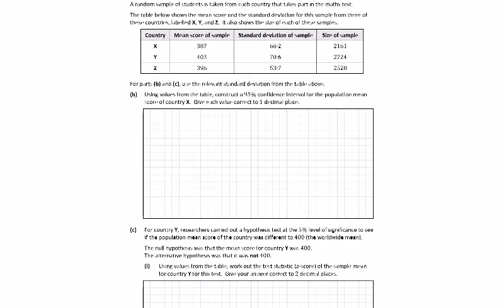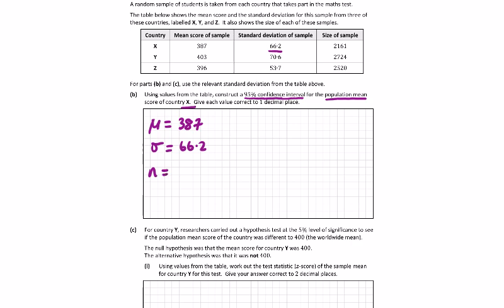A random sample of students is taken from each country that takes part in the maths test, and the table below shows the mean score and standard deviation for 3 countries, X, Y, and Z. So by using the table, construct a 95% confidence interval for the population mean score of country X. So we have a mean of 387. Standard deviation is 66.2.